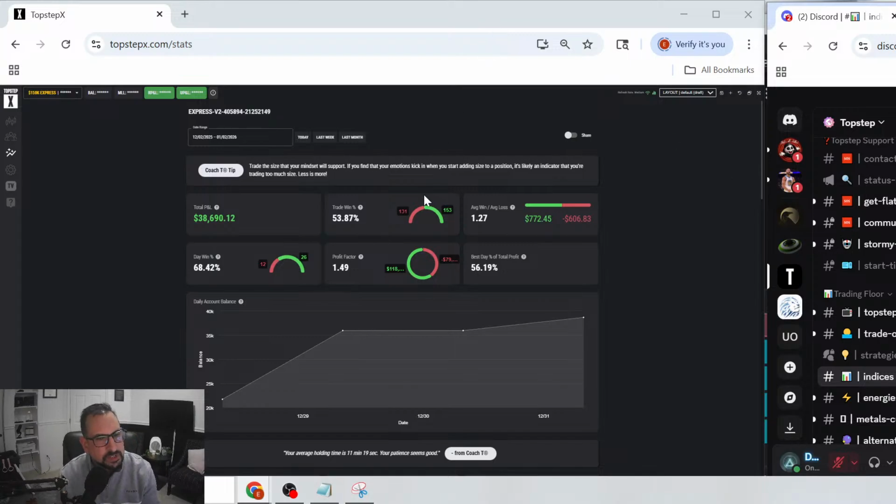But oh yeah, what I was going to say is it's pretty cool to look at your stats. Trade percentage does not matter as much. Here's why. First, it's fully dependent on your trading strategy.